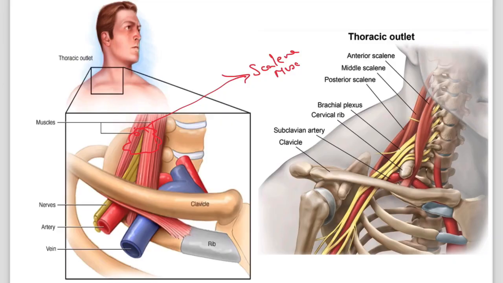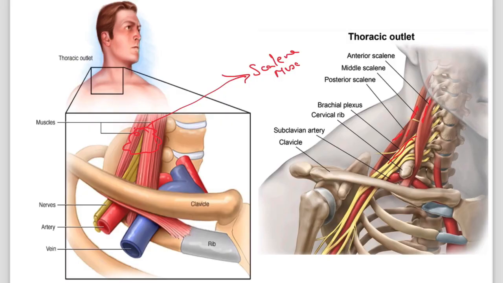When there is compression of the lower trunk or subclavian vessels, because of a cervical rib or maybe some tumor, it can cause this thoracic outlet syndrome. This is the anterior scalene muscle, this is the middle scalene muscle, and this is the posterior scalene muscle. The brachial plexus nerves come from in between those muscles.